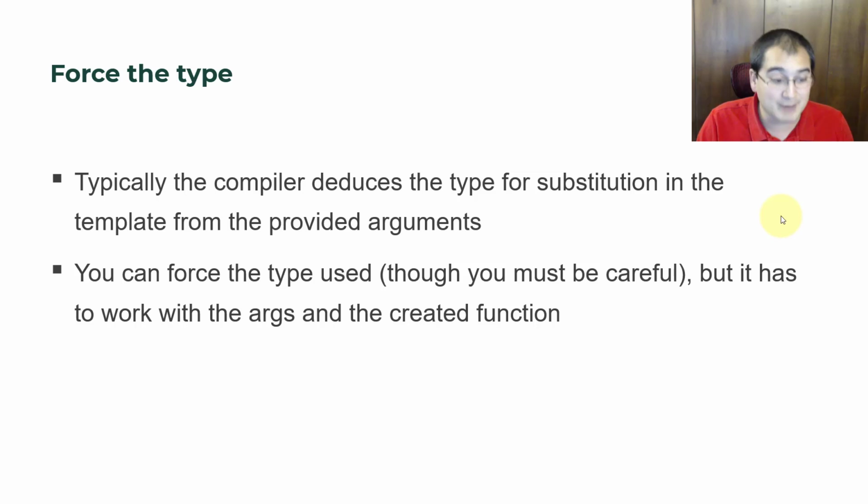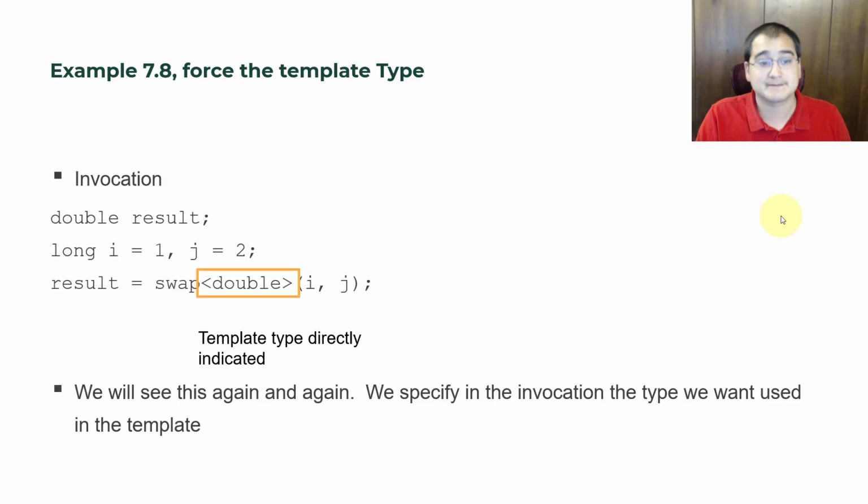If you want the version of swap that works on longs, make sure that your arguments are longs. And the syntax for forcing the templated type is to say the name of your generic function, and then in angle brackets, you say the type that you want that generic function to have. When you write the function, the my type, you want my type to be replaced with double when you instantiate it.